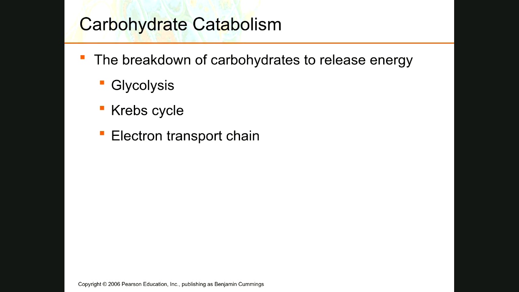Not NADH. A form of energy that's very important, especially in the wintertime. Heat. So C6H12O6 is oxidized using oxygen to yield CO2, water, and 2 forms of energy, ATP and heat.